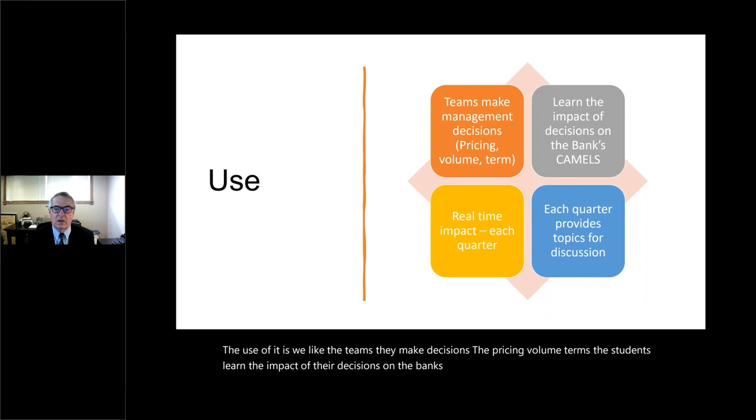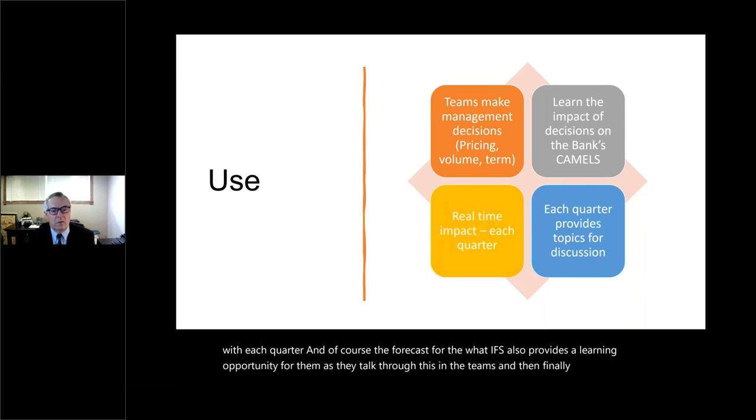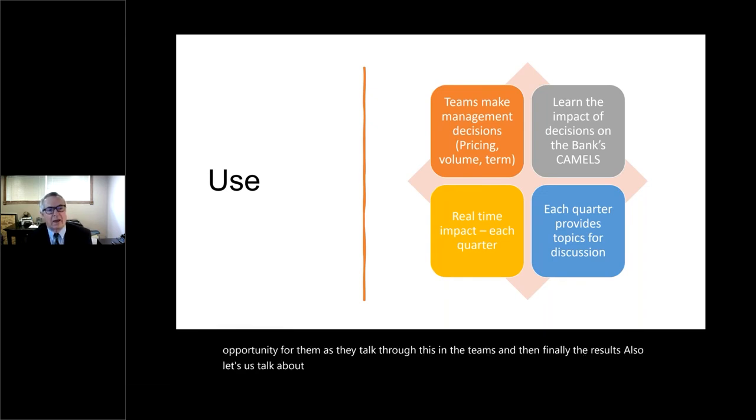They get to see a real-time impact with each quarter. And of course, the forecast or the what-ifs also provides a learning opportunity for them as they talk through this in the teams. And then finally, the results also let us talk about really specific kinds of issues that they would be likely to encounter in the banking world.